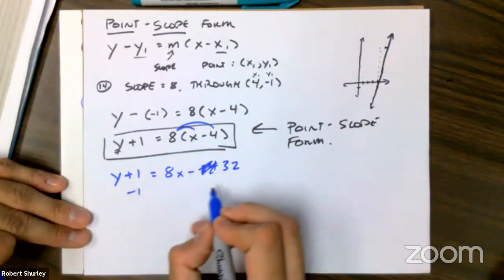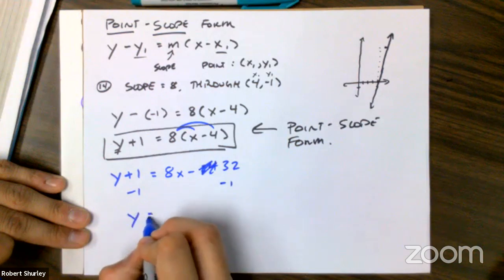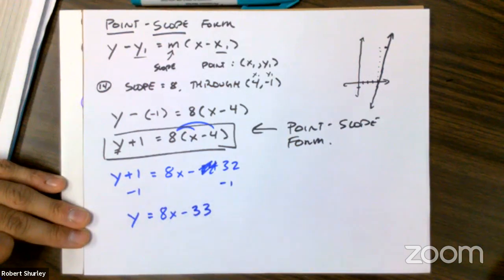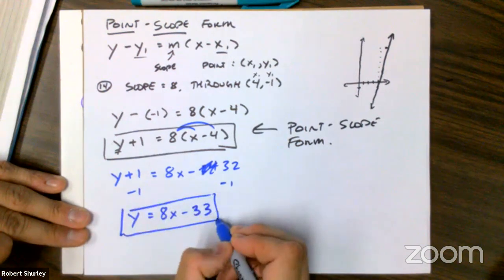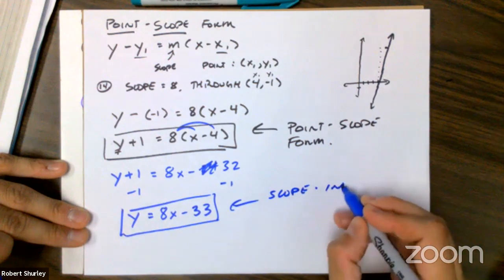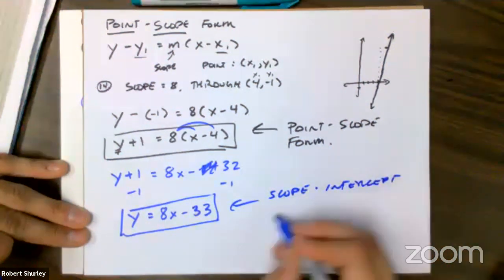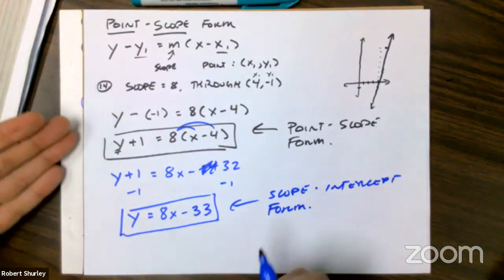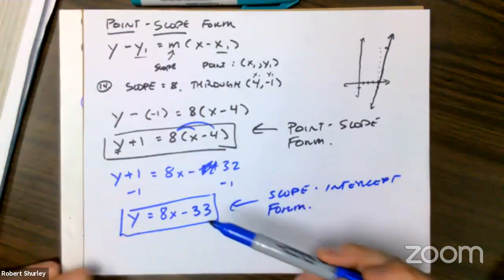And then I'm going to subtract 1. So y equals 8x minus 33. Slope-intercept form, right? Boom, slope-intercept form.